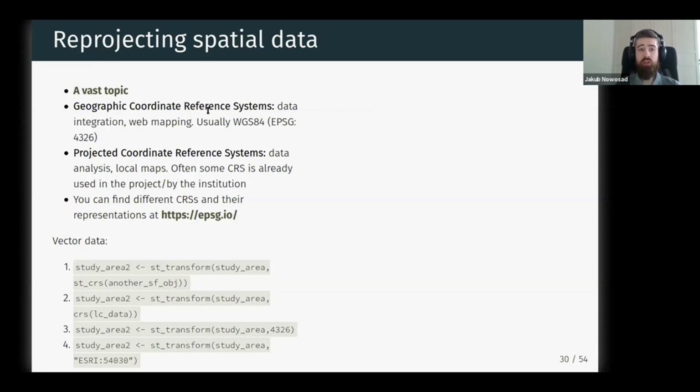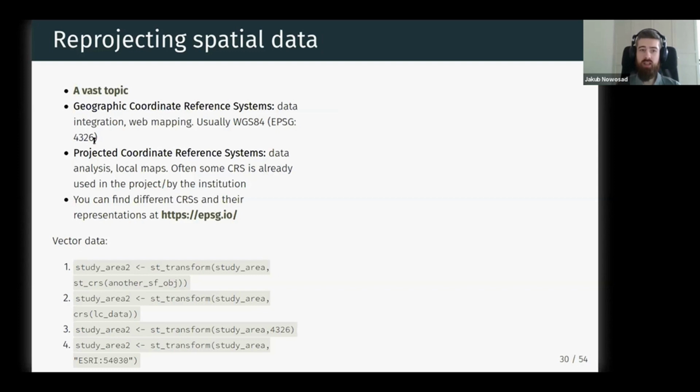For geographic coordinates, most of the time we are using, at least now, a coordinate reference system called WGS84, which has the code 4326. However, I think this is a good way to integrate your data. It's a good way to map your data, but it's not the proper way for most spatial data analysis.